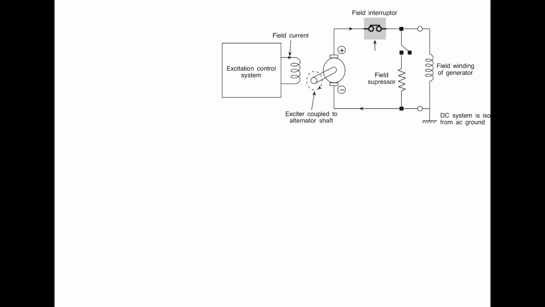The field interrupter and the arrangement for the field suppression are also shown in the figure. So the rotor houses the field winding, and a separate DC generator mounted on the shaft feeds the field, and the DC system is kept floating with respect to the AC ground, that is, neither positive nor negative terminal is grounded.